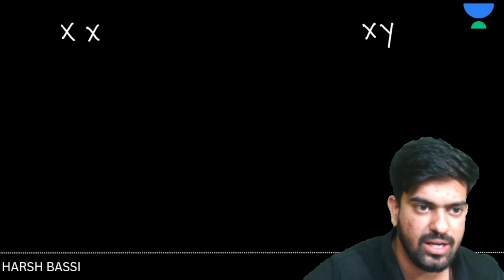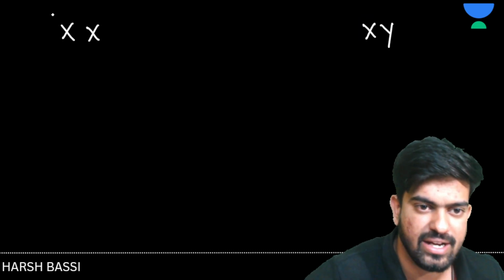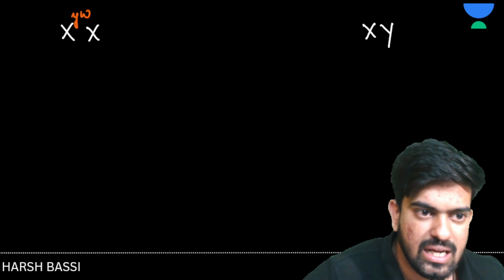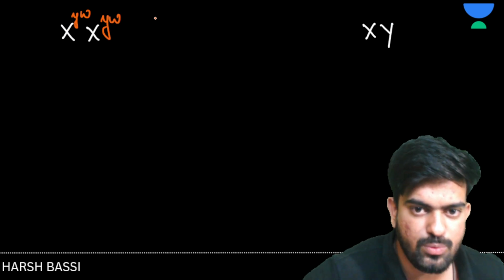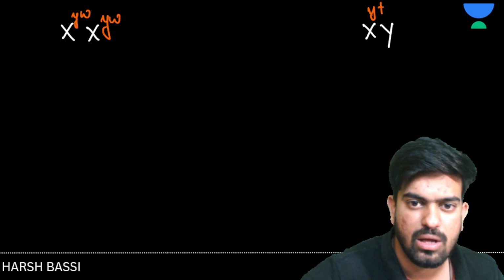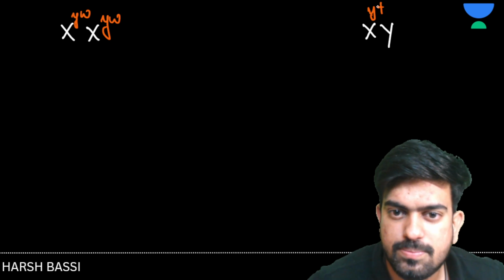Now let us represent this in another way. Let's have XX for the female and XY for the male, right? On the X chromosome we have Y and W. So on one X chromosome we have YW, and again on the other X chromosome we have YW. In the male, on the X chromosome we have Y plus and red, W plus.